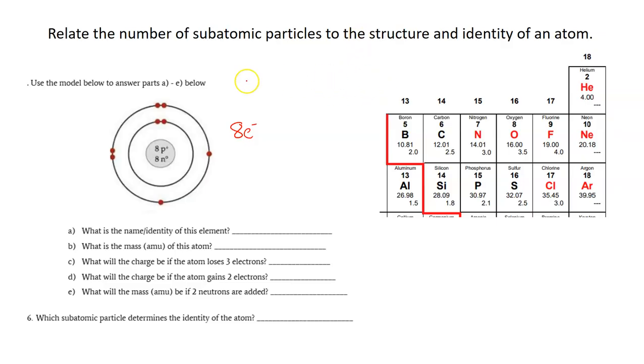And what we have to remember is that right here in the nucleus, this is the part that tells us what the element is, and especially this number right here. 8 protons means atomic number 8. And all we have to do is go to our periodic table, find number 8, and we will see that this is oxygen.